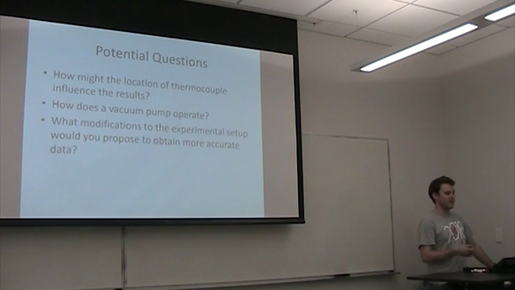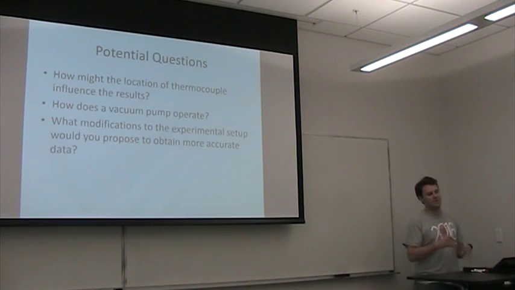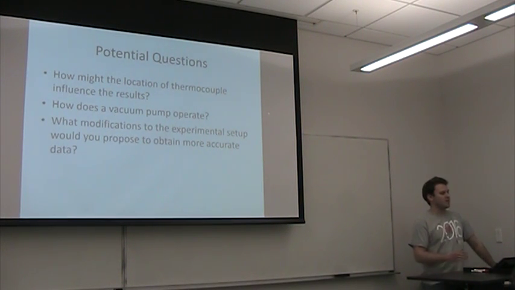For example, if you have the thermocouple all the way at the bottom of the flask with contact at the bottom of the flask, it'll be closer to the hot plate and will then give you a higher temperature reading and won't give you a true reading of the liquid inside. So it needs to be, I think what the lab manual said, at least 3/4 of an inch off the bottom of the flask.